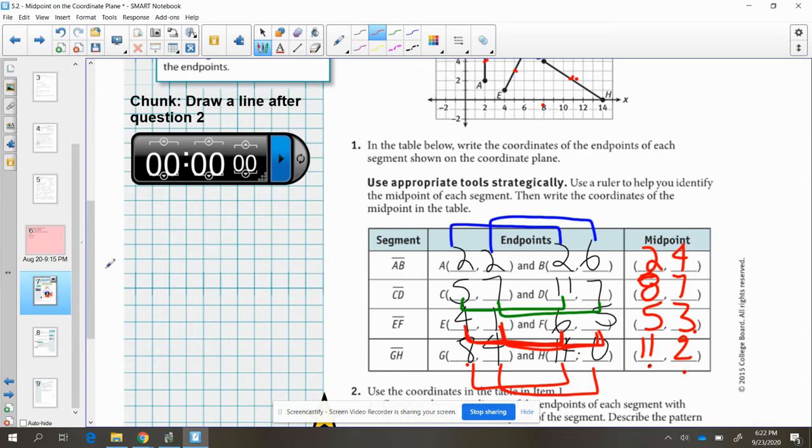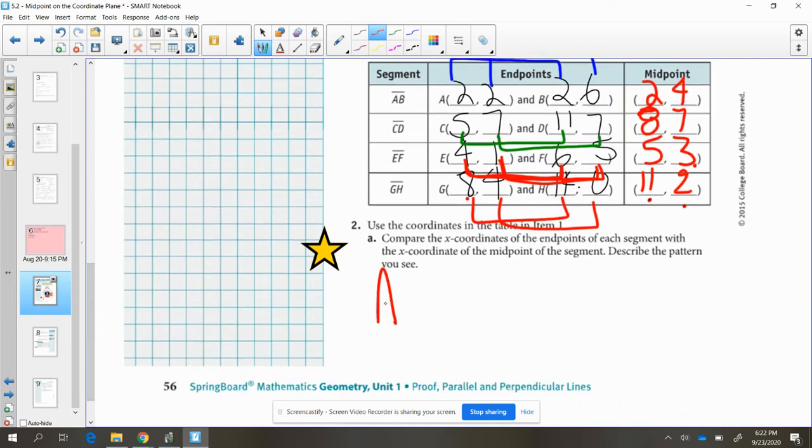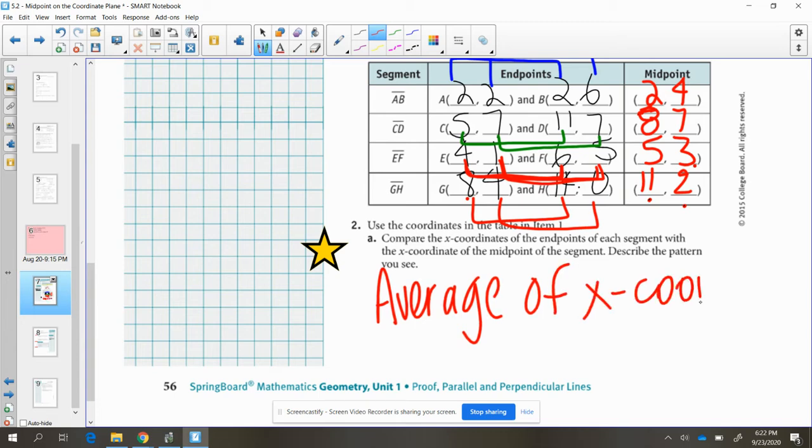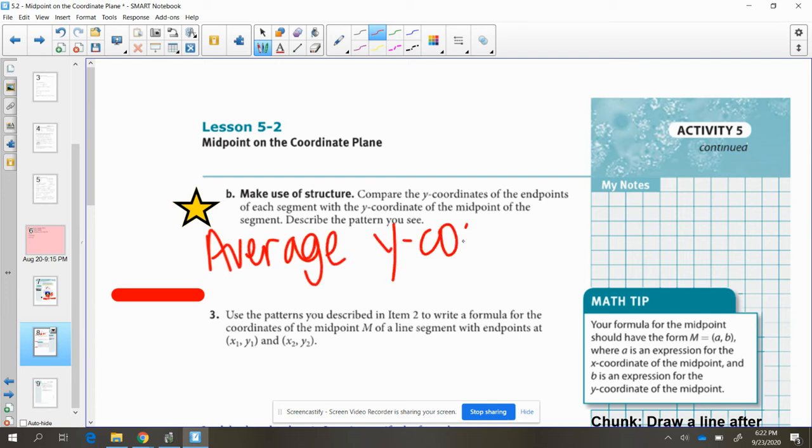So each time we are looking for the average of our X values, our X coordinates, and same thing with the Y values. We keep looking for the average of our Y coordinates. So there's a pattern that we're looking for, the number in the middle of them.